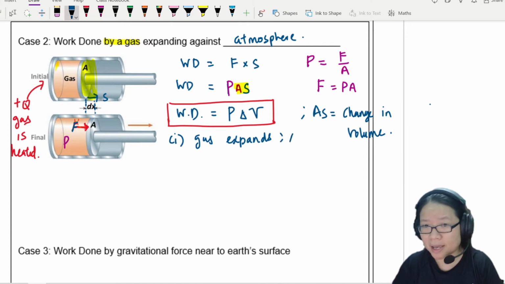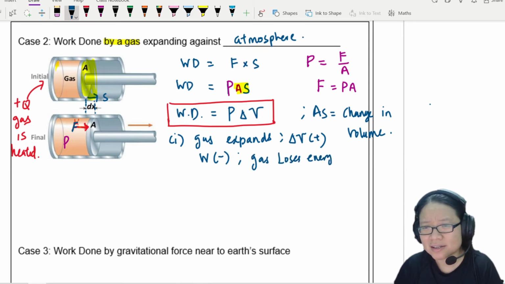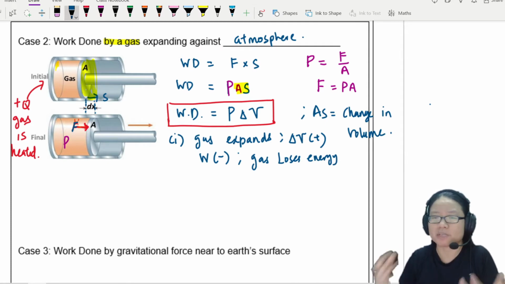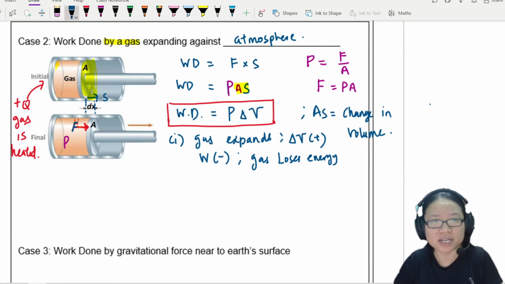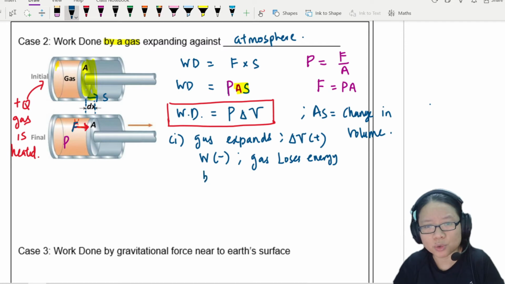If your gas expands, delta V is positive, then we say that work done, W, is actually negative, because the gas loses energy. The gas does the work to expand, so it loses energy by doing work.